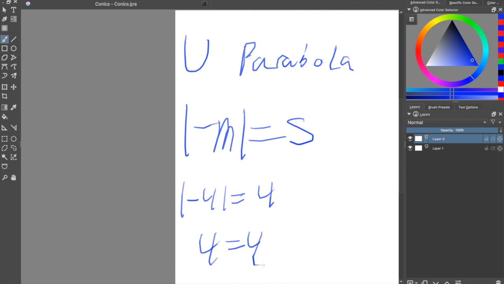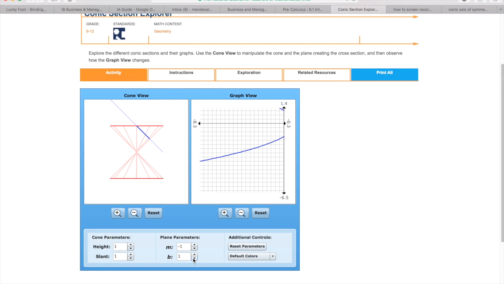That's very nice. Now let's see what happens when we make our parabola get closer towards the center. Starts increasing.